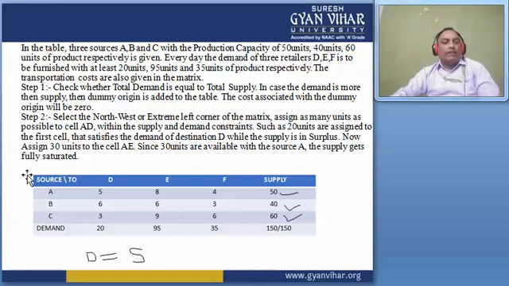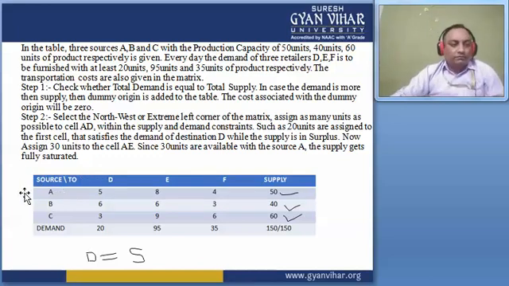So this is the table of this question. This is the source, and here is the demand and supply, and D, E, F are the demands.